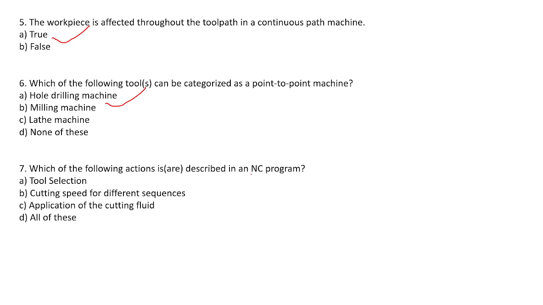Then tool change, tool offsets or tool compensations, spindle rotation direction and spindle rotational speeds, cutting speed for different sequences of operations, and application of cutting fluid wherever it's required. Those are the sequence of actions controlled by NC programs, so the right option will be all of these, right?